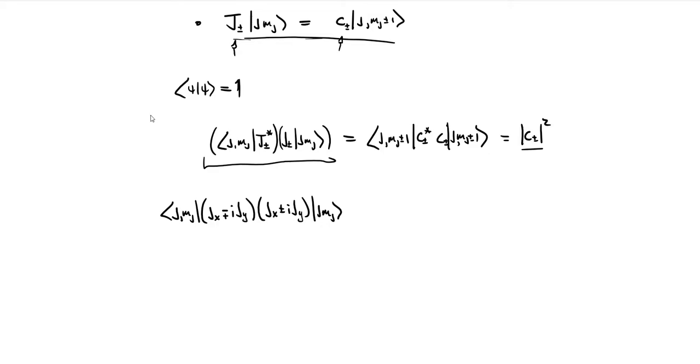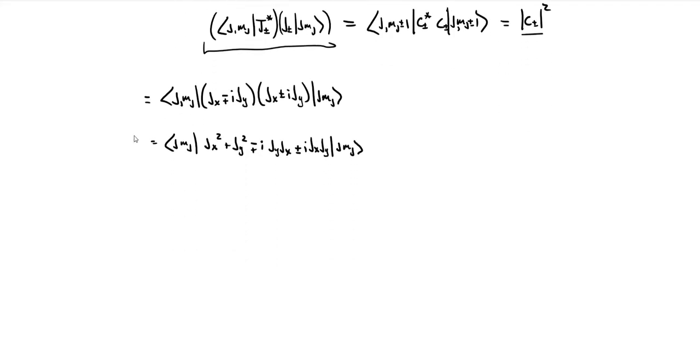Going through all this, this ends up being JMJ, again, JX squared plus JY squared minus plus JY JX plus minus JX JY, all acting on JMJ.